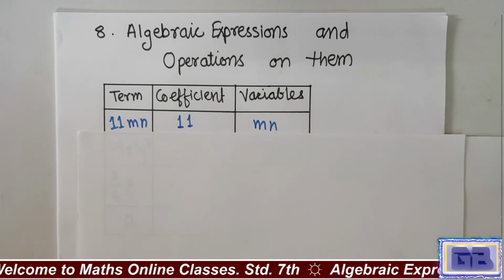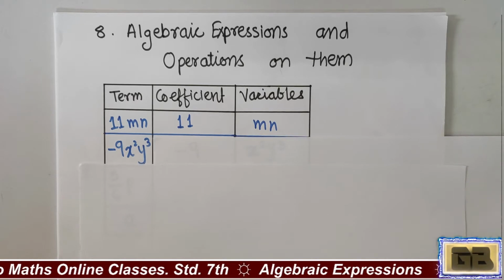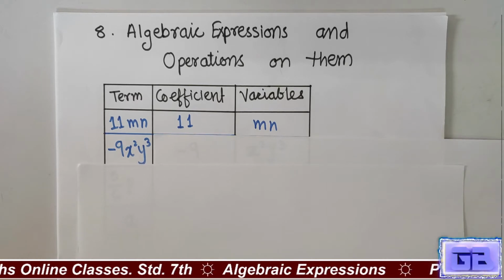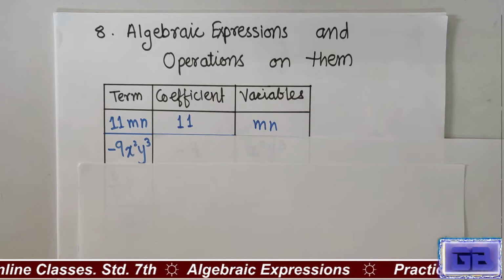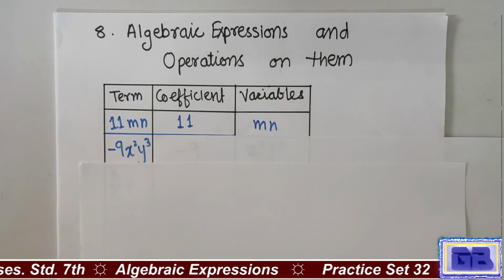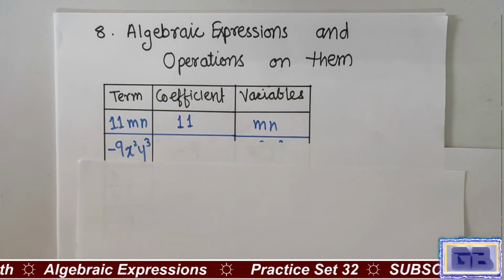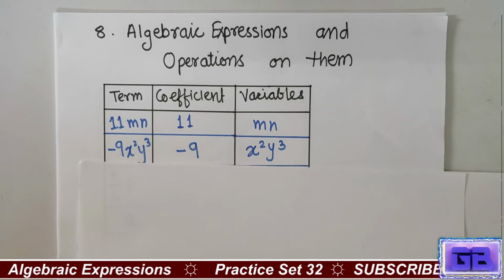Now take the second example, negative 9x square y cube. In this example, negative 9 is an integer, negative 9 is the coefficient, and the variables are x square y cube.